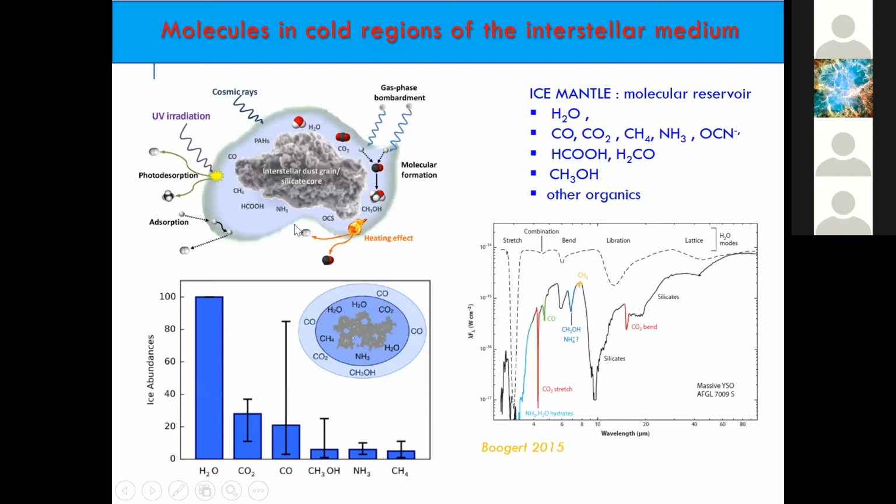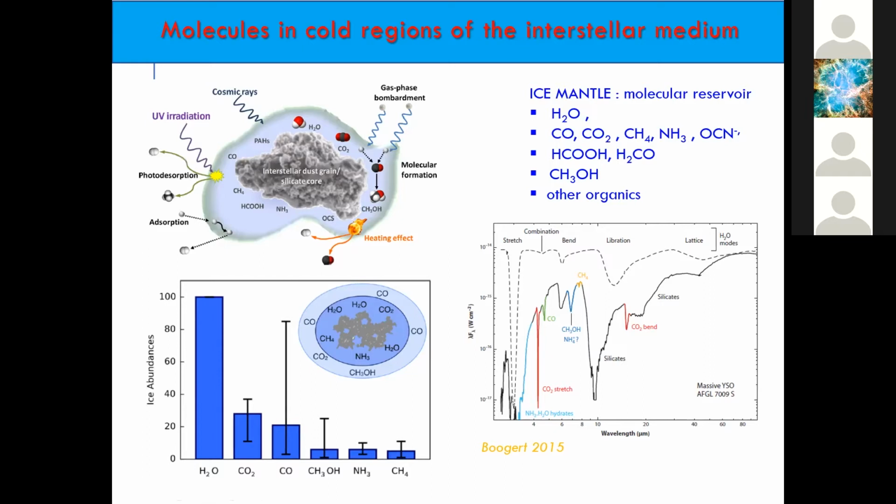So, of course, we know a lot about the desorption induced by heating, but we know less about what we call non-thermal desorption, induced by cosmic rays, for example, or induced by UV or X-ray radiation, and especially photodesorption, on which we are focusing in this study.